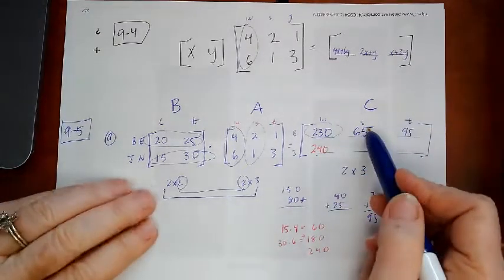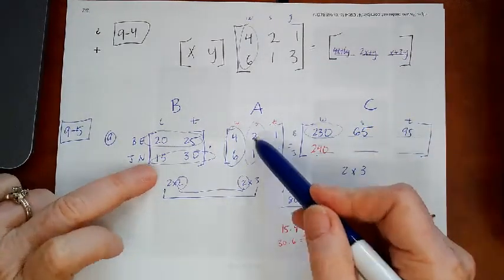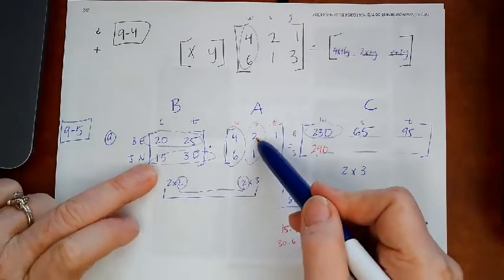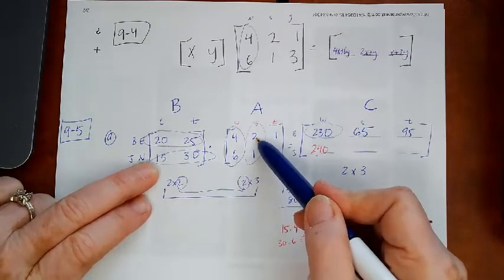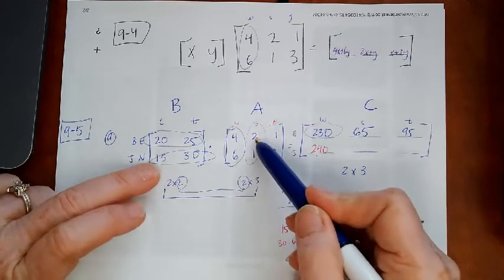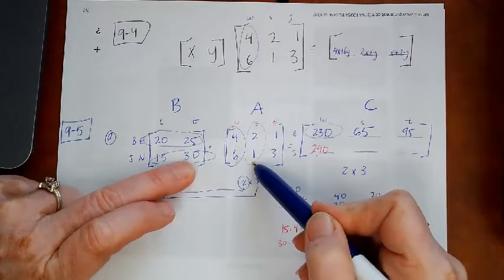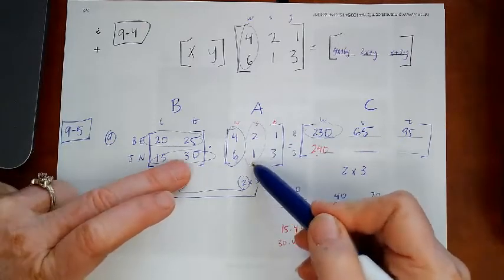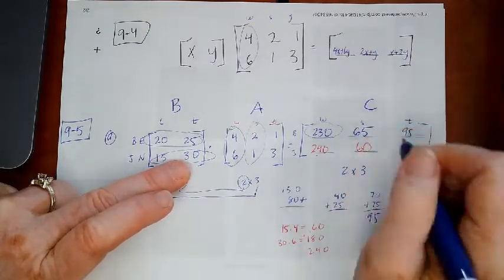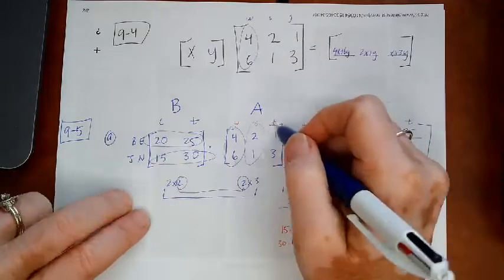Okay, so for seats, I'm going to go 15 times 2, which is 30. We can do it in our head. 15 times 2 is 30. Plus 30 times 1 is another 30. So 30 plus 30, that's 60. And how many gas tanks?